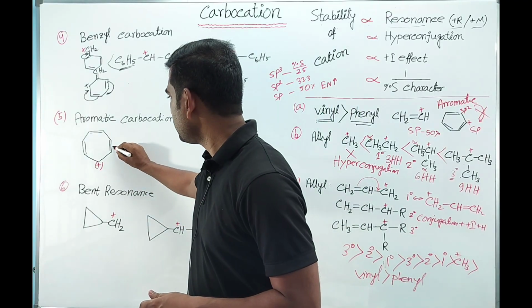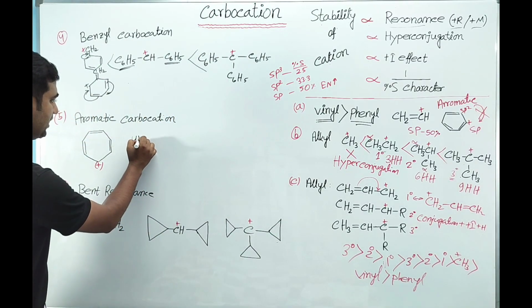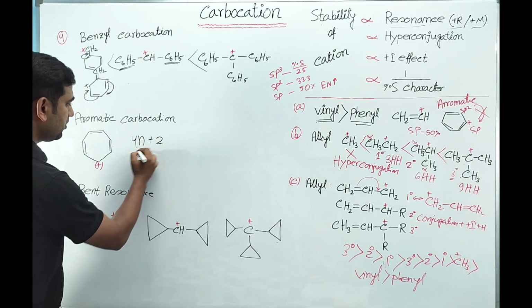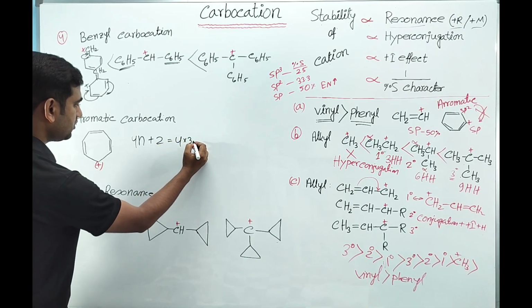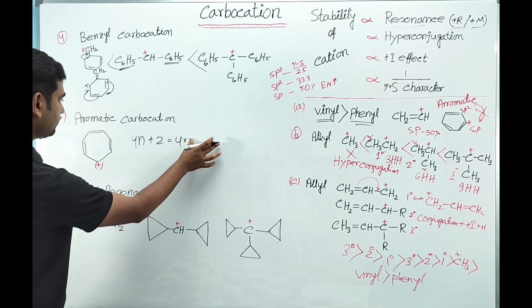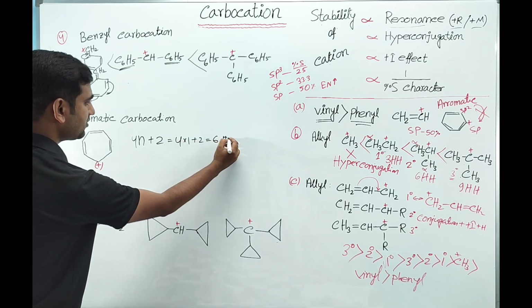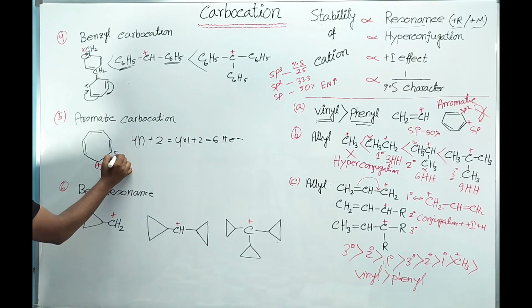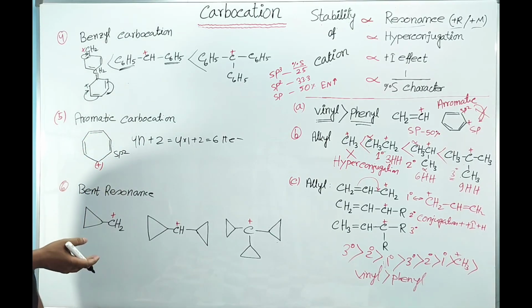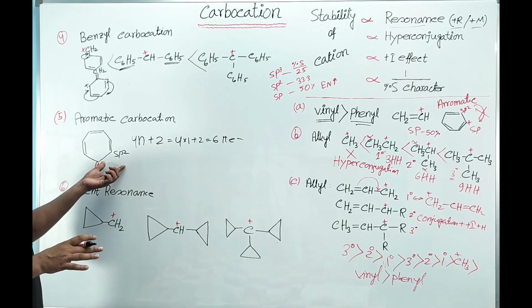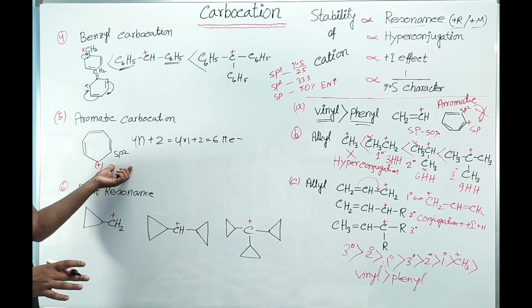Here see, 4n plus 2 means n equal to 1, 4 into 1 plus 2 equals 6 pi electrons are there, and all atoms are sp2 hybridized, that's why conjugation is happening and aromaticity is gained. So this is highly stable compared to this benzyl carbocation.